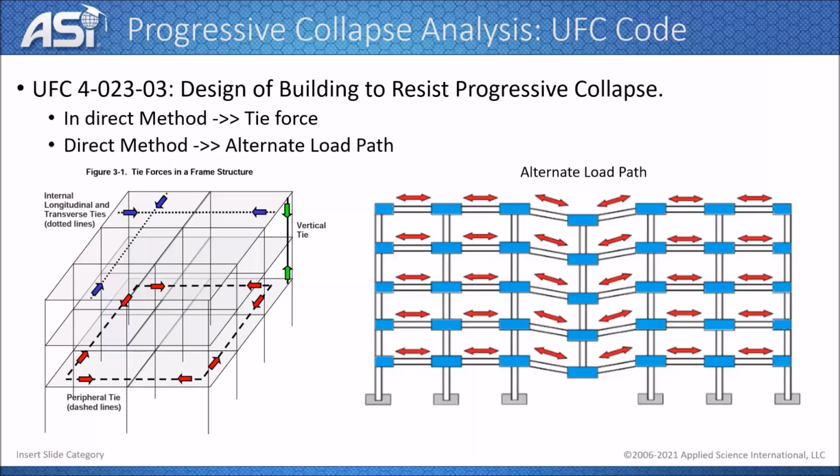There are acceptance criteria in the code that you can refer to. The first one, very quickly, is deformation control, where you have to check if the plastic rotations at the beams are within the code range, or force control, if, for example, these beams are going to be safe in shear or not.